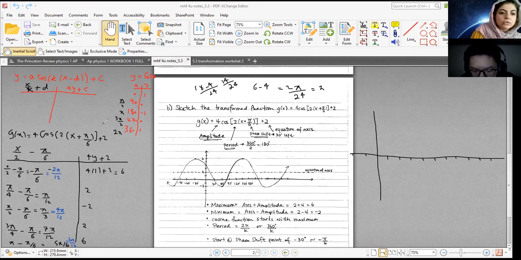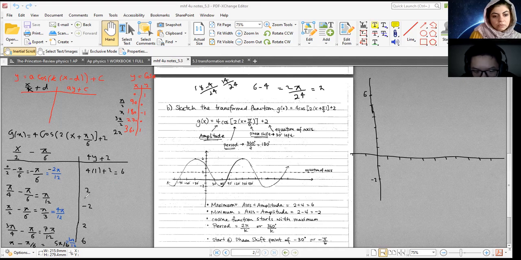So first thing you do is your axis. We said that the 2 is your axis, right? Now the maximum is 6, the minimum is -2. So 1, 2, 3, 4, 5, 6. This is your maximum. Your minimum is -2. How do I know?